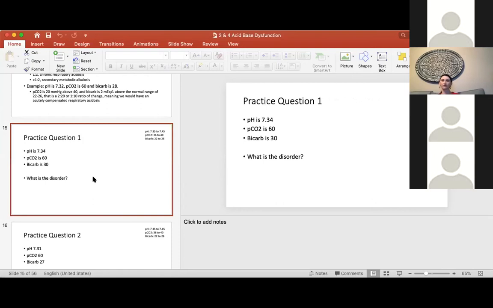Okay, so we have a practice question. Our pH is 7.34, our CO2 is 60, and our bicarb is 30, and in the corner we've got our normal ranges. So what is going to be our disorder?